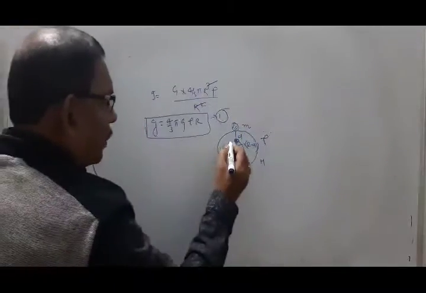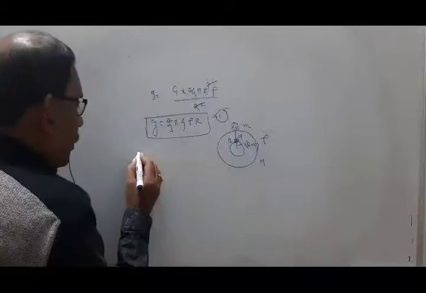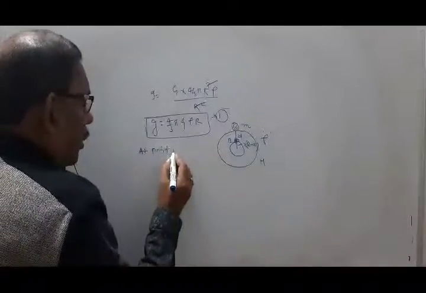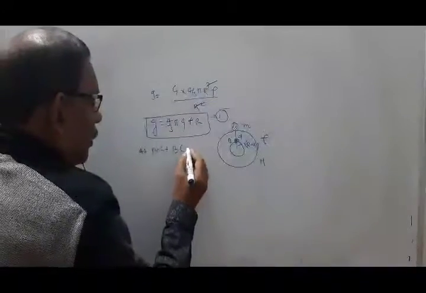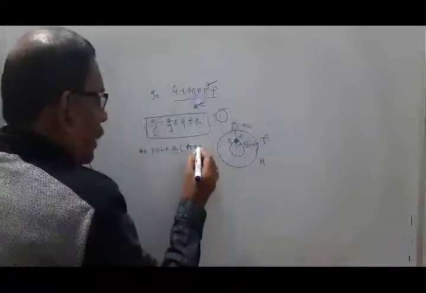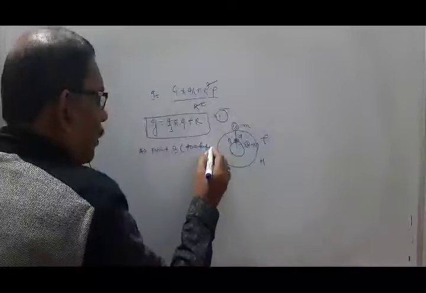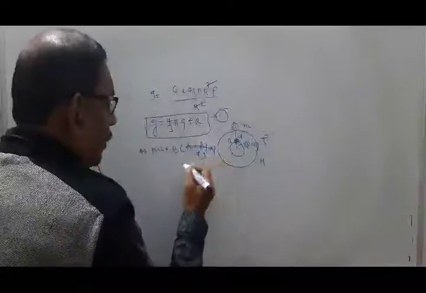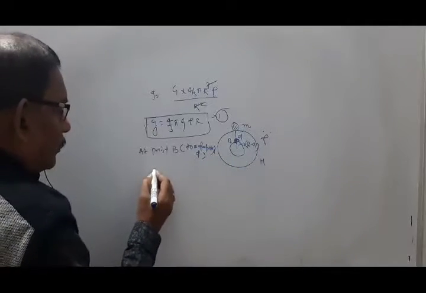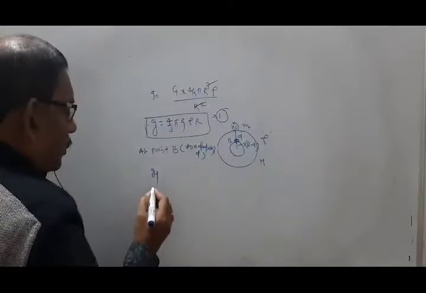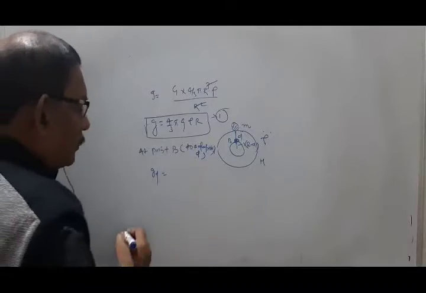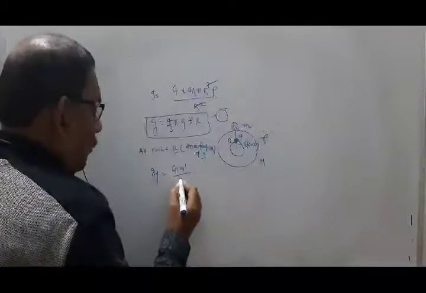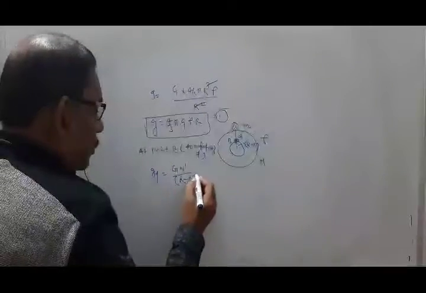So at point B, at a depth d, g_d = GM'/(R−d)².